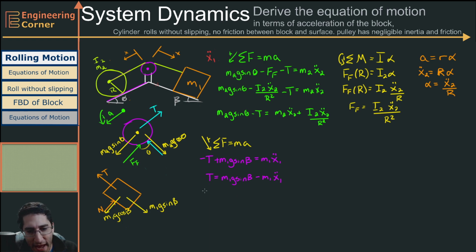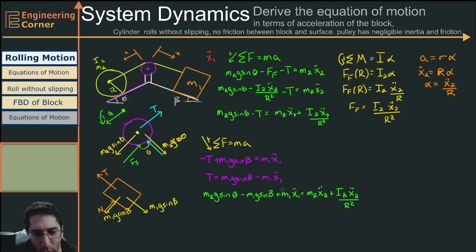So when I do that, and then I'll deal with the ropes, I'll have m2g times the sine of theta minus, I got to distribute this minus sign, m1g sine of beta plus m1 x1 double dot is equal to m2 x2 double dot plus I2 x2 double dot over r squared.